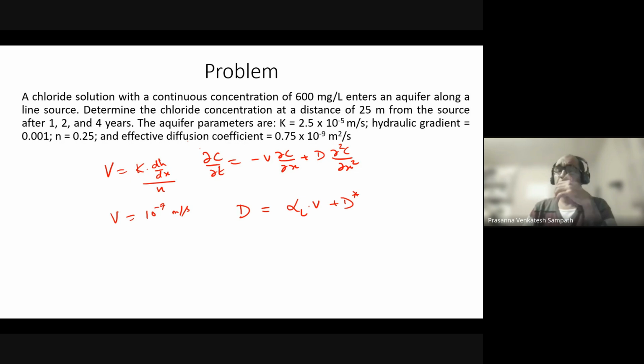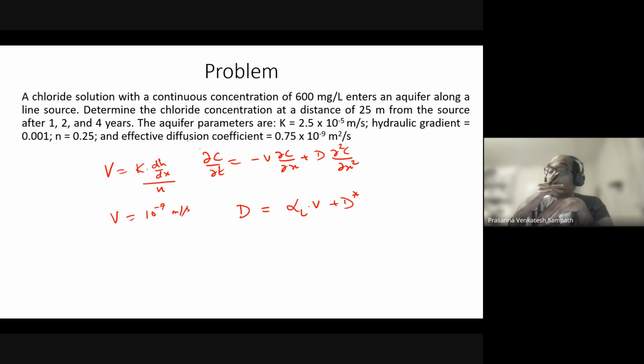So v is given. So once you find v, then it allows you to find what the dispersion coefficient is, because remember, what is given to you is the effective diffusion coefficient, D star. If you remember from the previous lectures, we spoke about the difference between dispersion and diffusion.